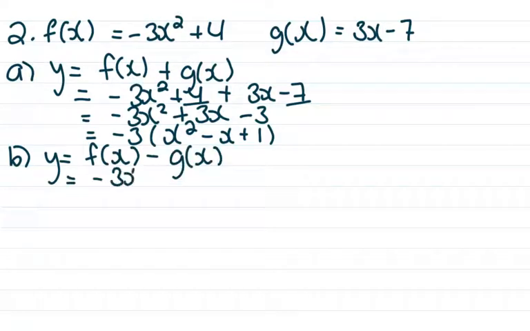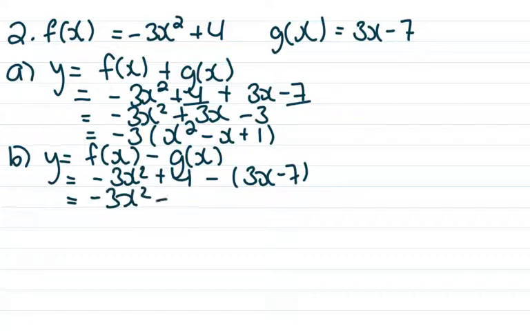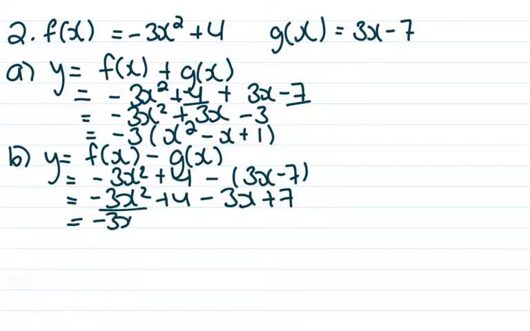So negative 3x squared plus 4 minus 3x minus 7. First, I'm going to rewrite it without the brackets. So negative 3x squared plus 4 minus 3x plus 7 equals negative 3x squared minus 3x, and then 4 plus 7 is 11.